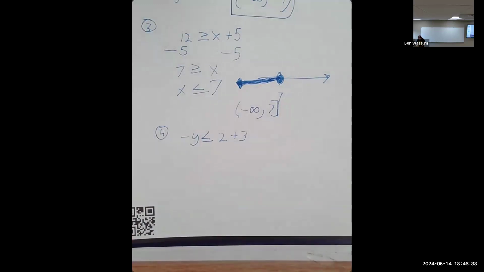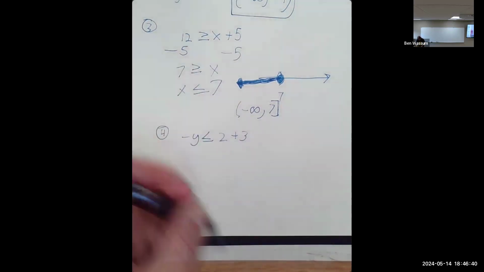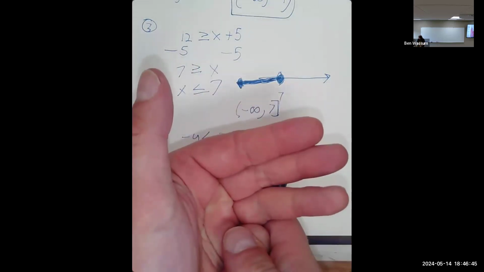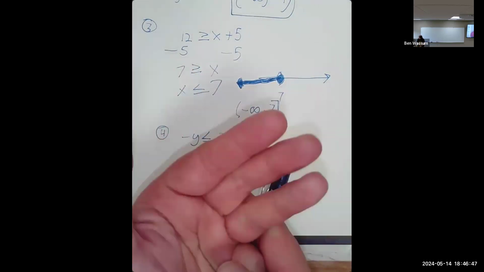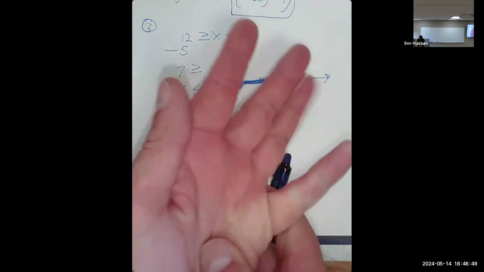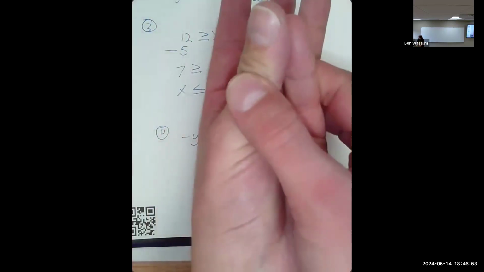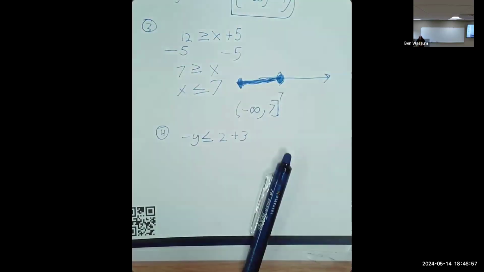You got 2 plus 3? 3. Yeah, 3? 4? Wait, that's a thumb. Does that count? Yeah, I guess it'll count. That's 4? 5. Okay, that was 2 more, right? Yeah, because these are 2. This is 3. That makes 5.